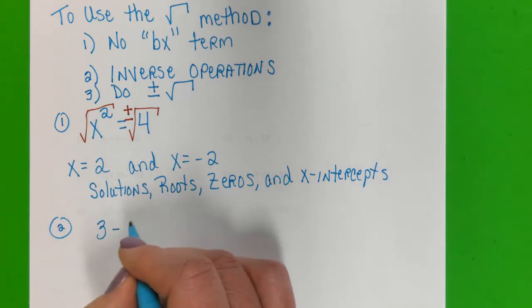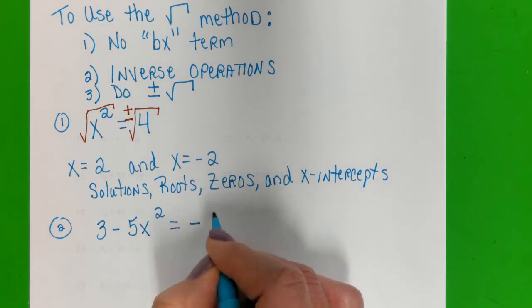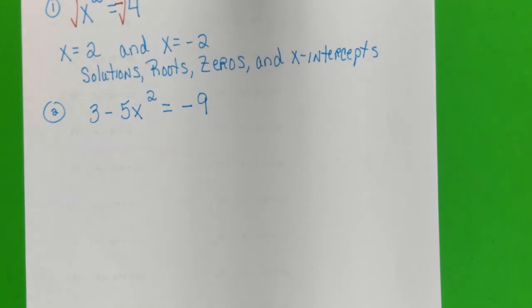Okay, here's another one. 3 minus 5x squared equals negative 9. Okay, notice in this equation there is no bx. There's no term with just an x, right? So all I have to do is inverse operations to solve for x.